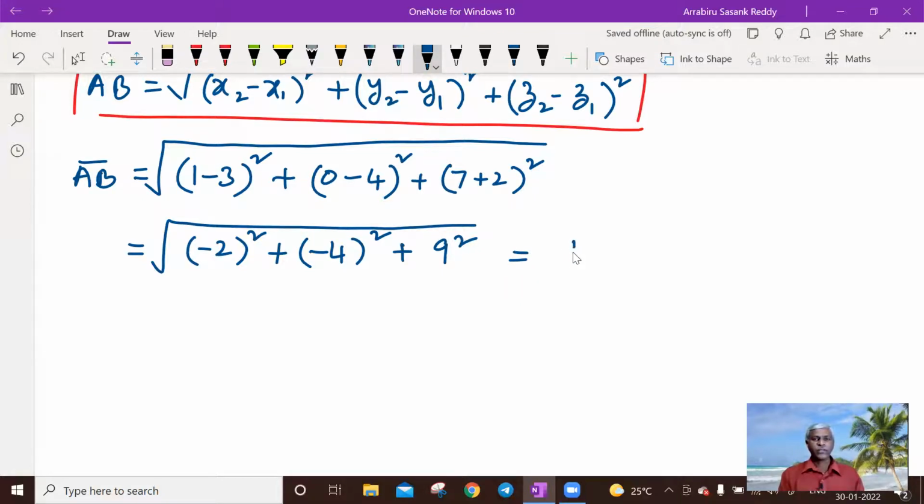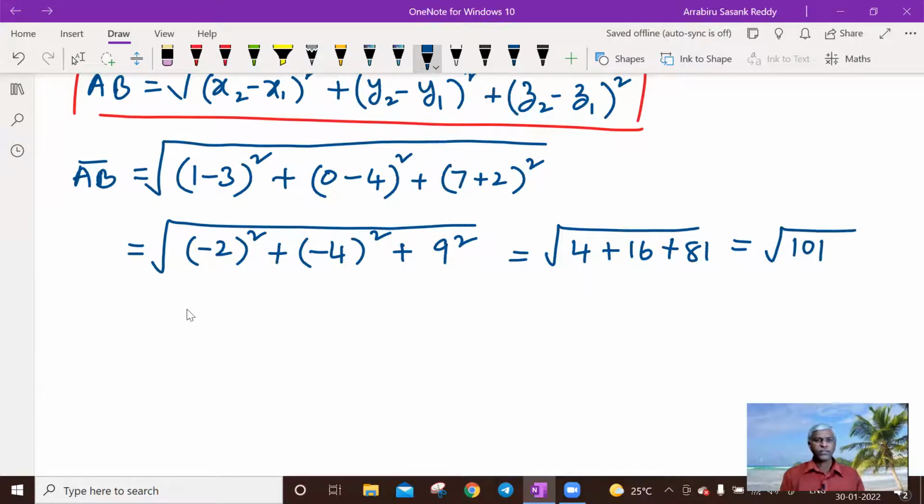Minus 2 square is 4 plus minus 4 square is 16, plus 9 into 9, 9 square, 81. 16 plus 4, 20 plus 81, 101. So here is the distance between these 2 points. You practice more problems. Based on this distance formula, a lot of questions you can solve.